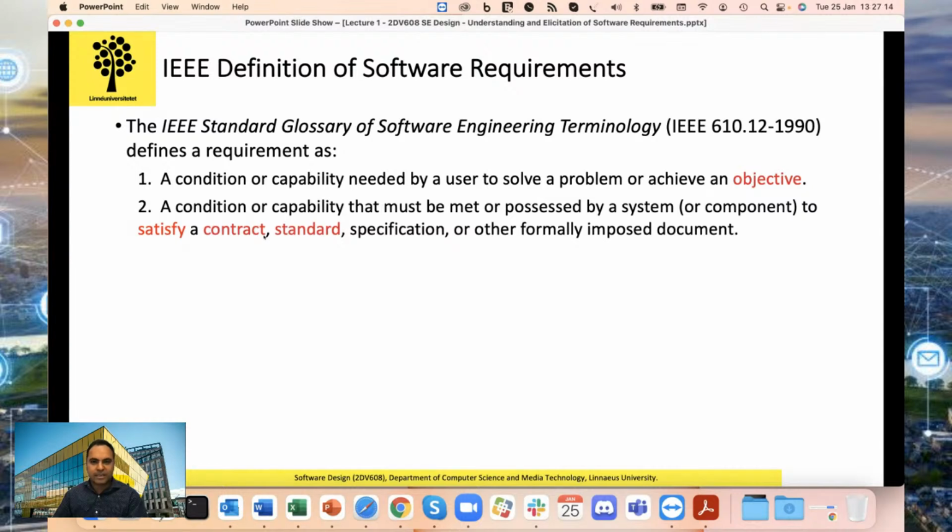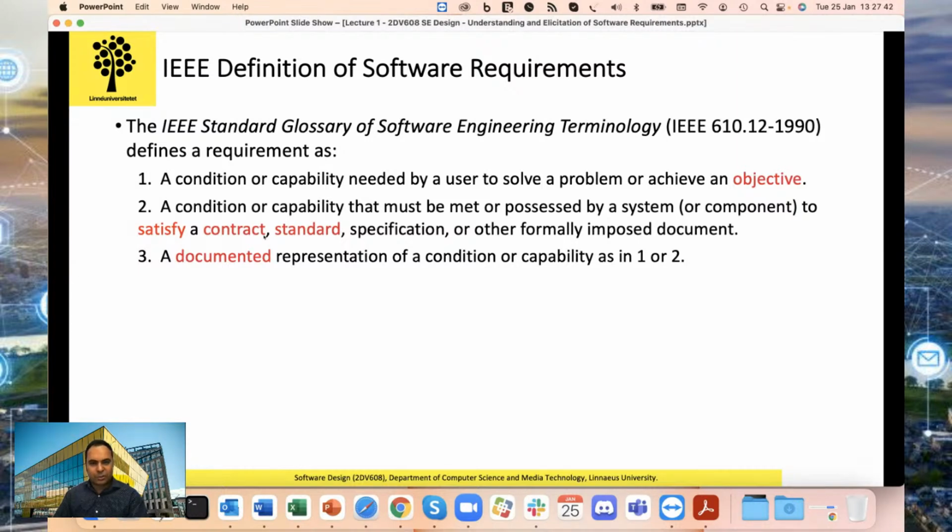Requirements can be seen as a set of statements to solve a problem. But it doesn't finish here, because the third part of the definition says that this contract or these capabilities of a system must be documented.